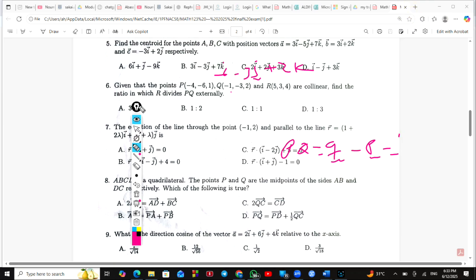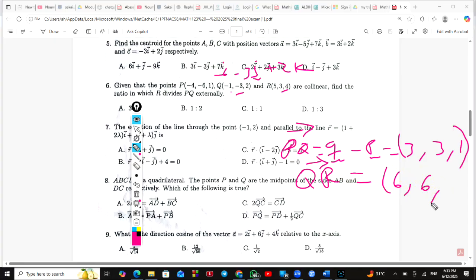You can just leave it as 3. Then minus 3 minus negative 6, which is also 3. And then 2 minus 1, which is 1. And then the vector QR is equal to 5 minus negative 1, which is 6, 3 minus negative 3, which is also 6, and then 4 minus 2, which is 2.